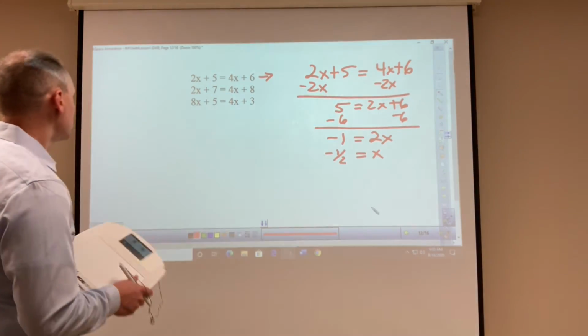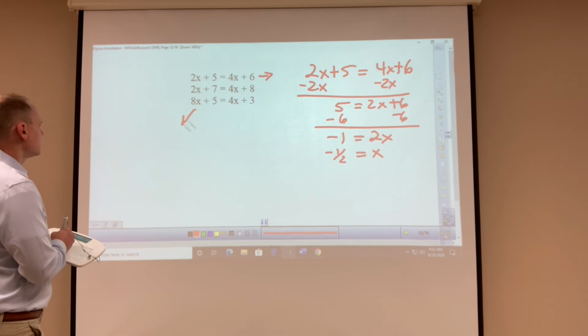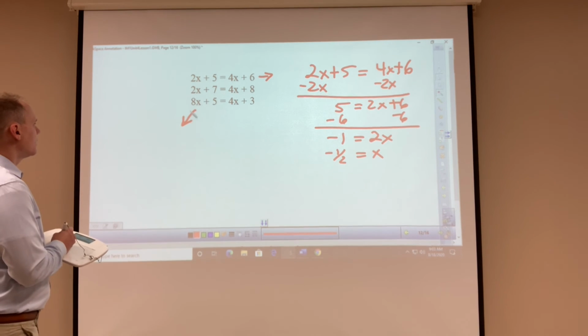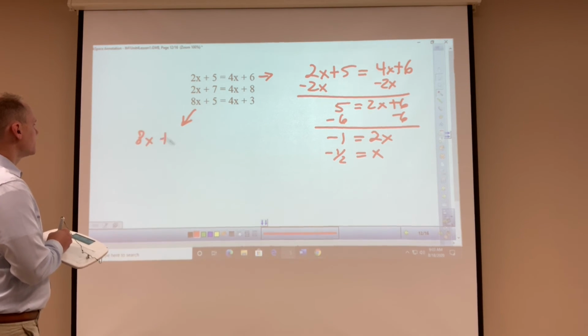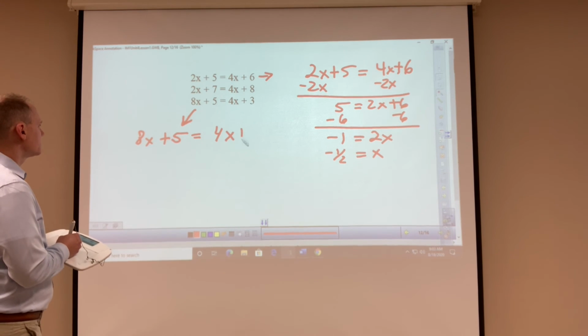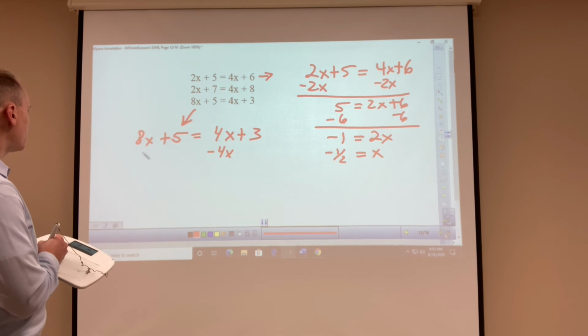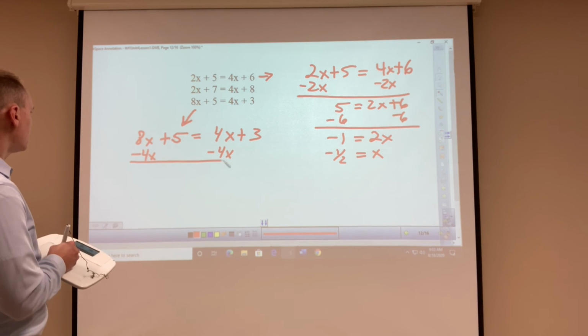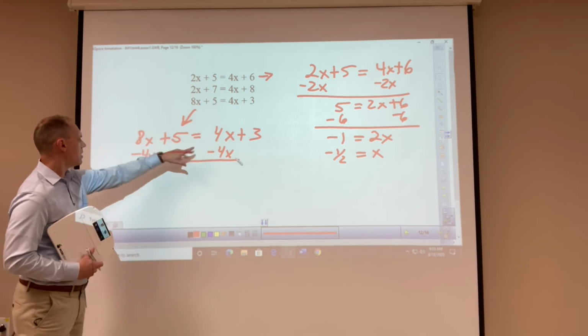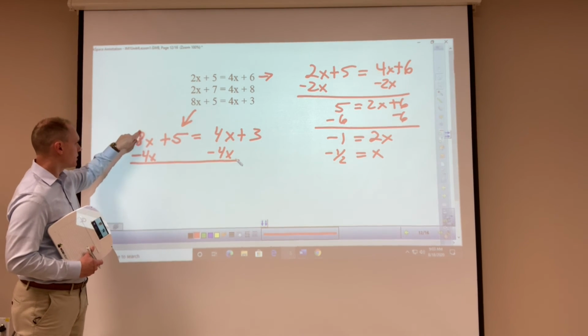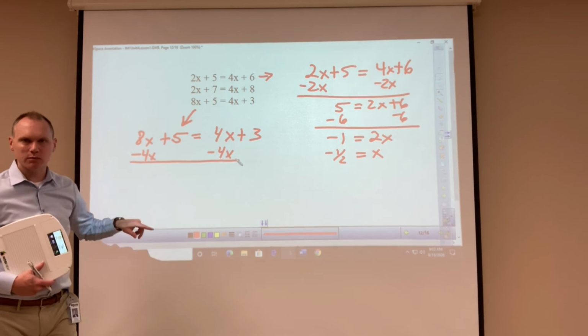All right. So for instance, let's do this one here. So 8x plus 5 equals 4x plus 3. So if we subtract 4x on both sides, again, I want to keep x positive if possible. So I subtracted it over here so that when I do 8x minus 4x, I still get a positive number.